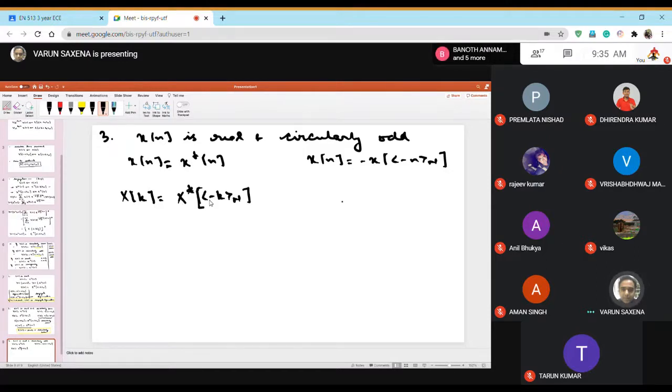On this side, it becomes XK is equal to minus X of minus K. So if you look at this, it tells you that this is circularly odd.